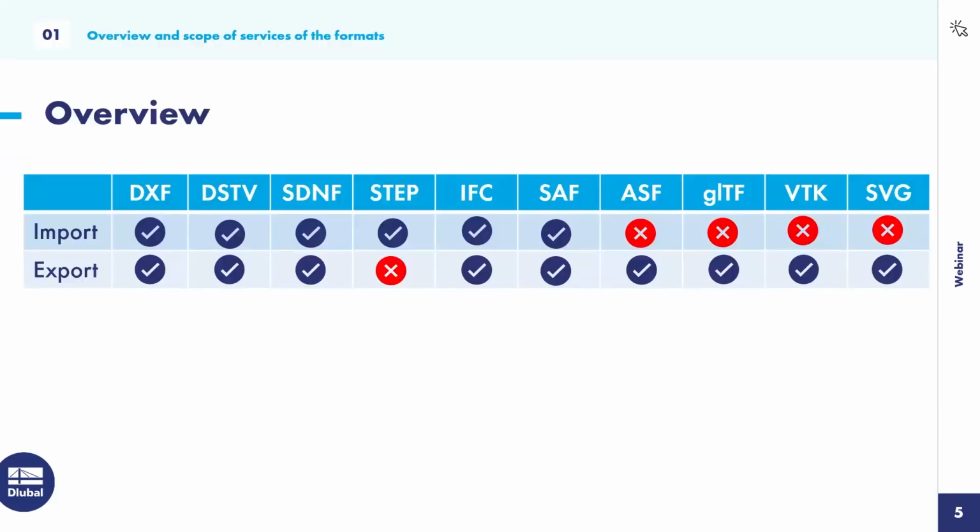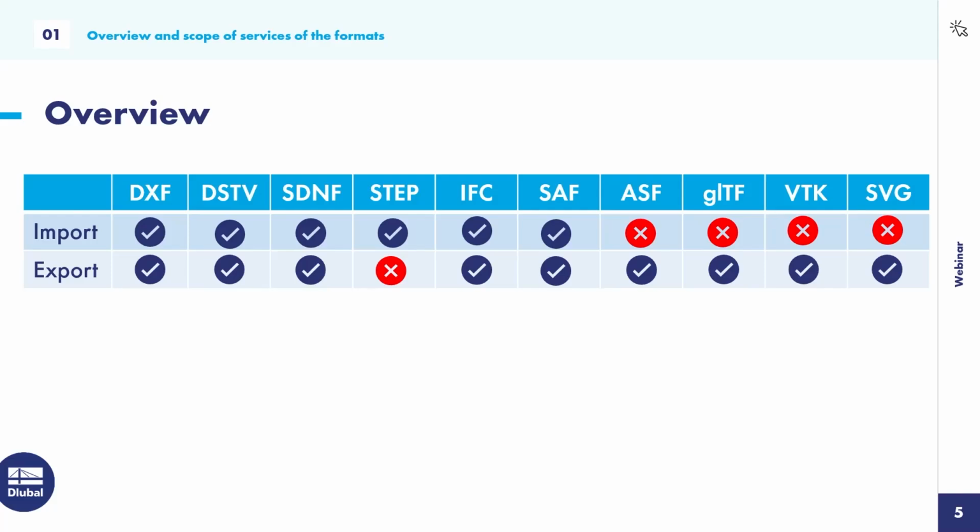So let's get started with a little overview about the formats that I want to present today and the import and export capability. You can see here the DXF, DSTV, SDNF, STEP, and IFC interface or format actually. I think rather well-known formats.